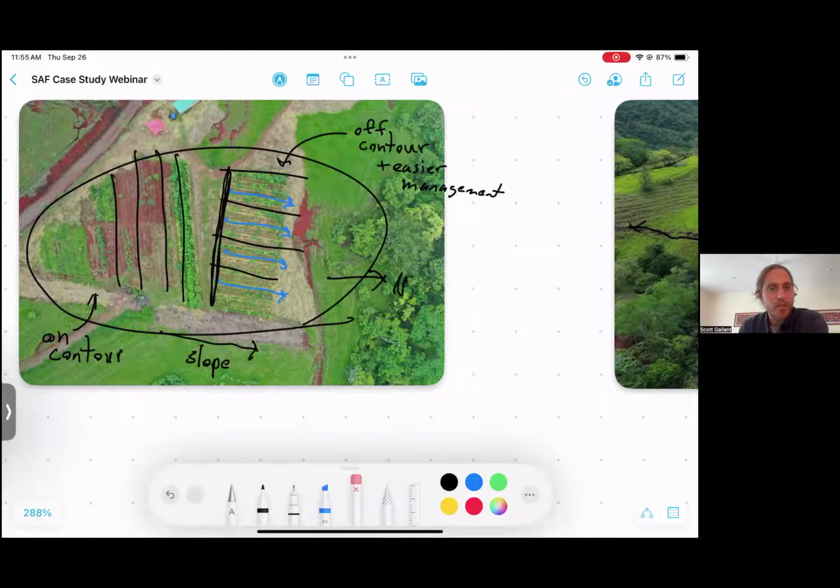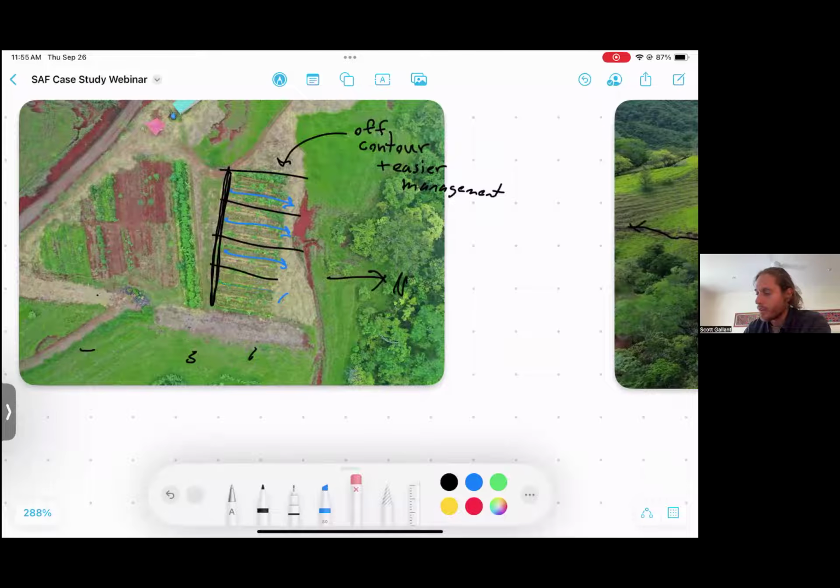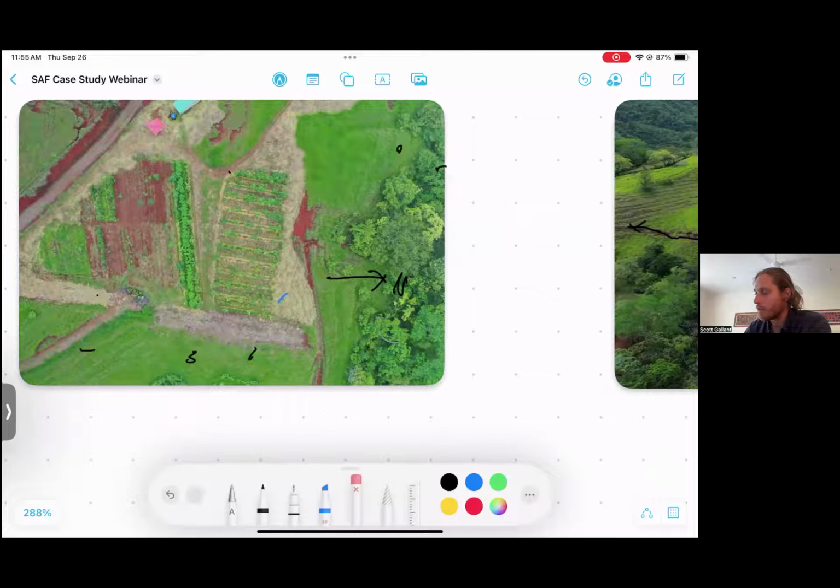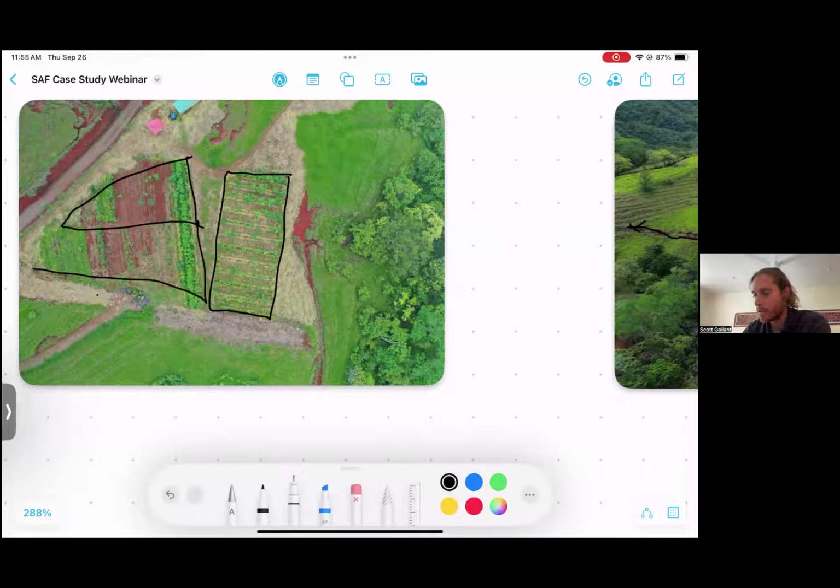Okay, other really interesting things about the design here. And Javi, I'm going to have you talk about this a little bit. What is the difference in management that you ended up deciding to do between, I think it's maybe three different areas?